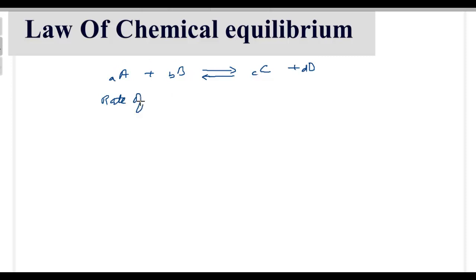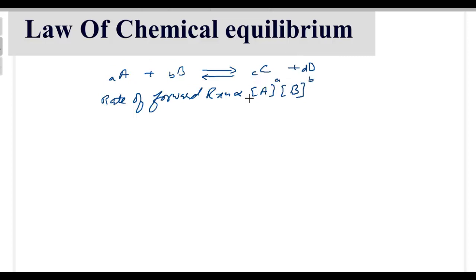The rate of the forward reaction depends on the concentration of A and the concentration of B, each raised to the power of its coefficient in the balanced equation. This is as per the law of mass action.